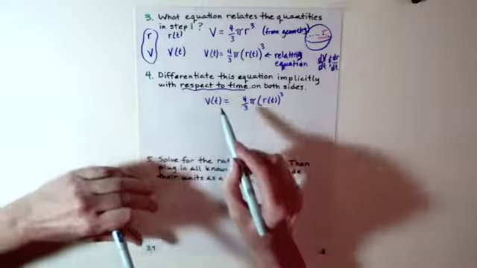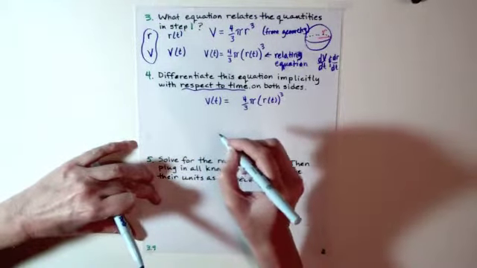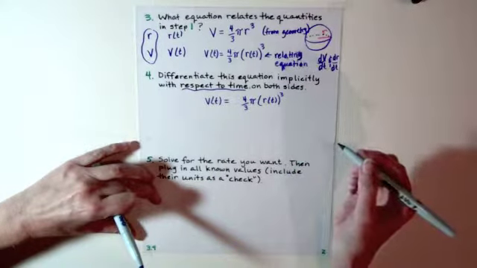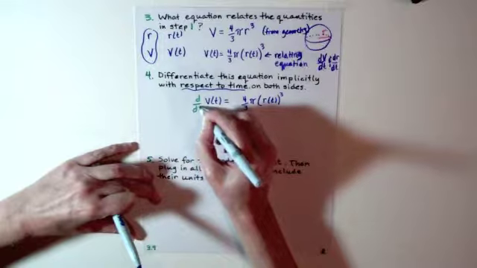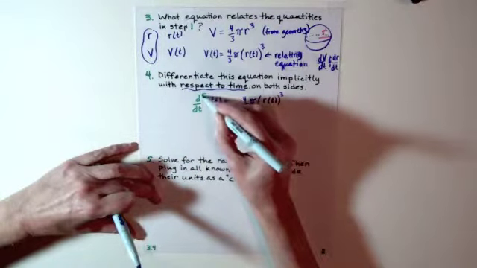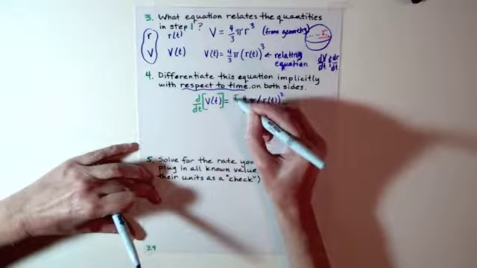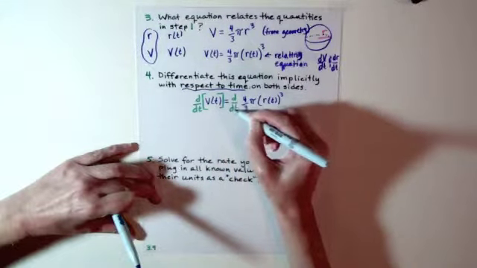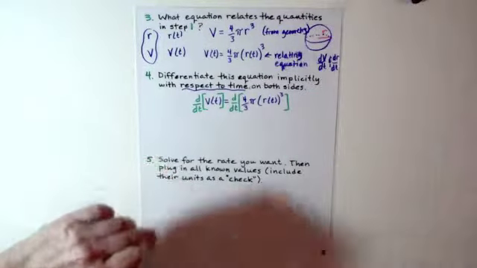The idea is that if the left side equals the right side, then the derivative of the left should equal the derivative of the right if they're both derivatives taken with respect to the same variable, time. So I'm taking the derivative with respect to time of the left side. That should equal the derivative with respect to time of the right side.